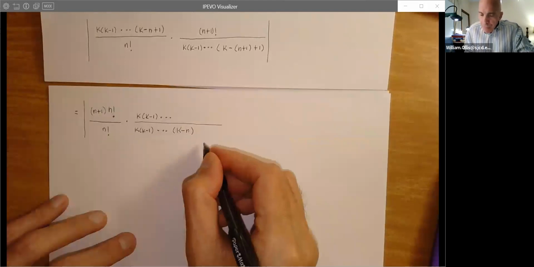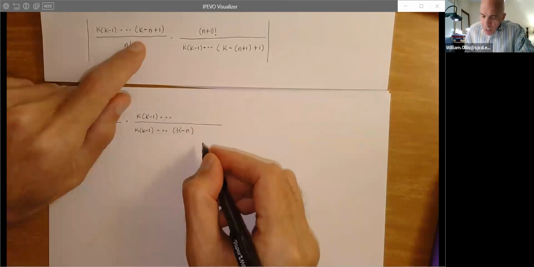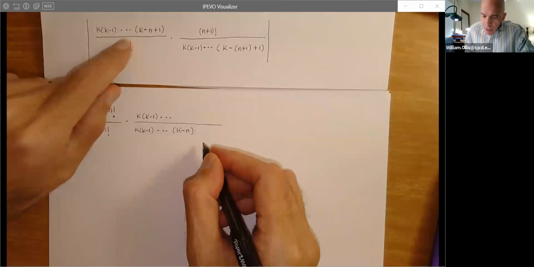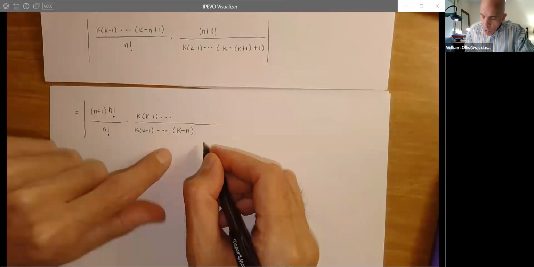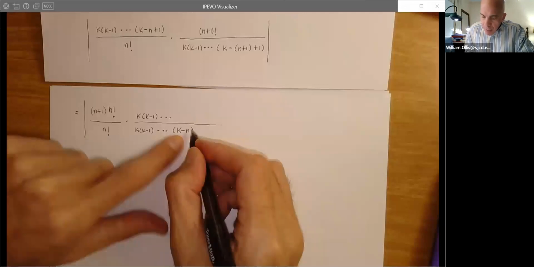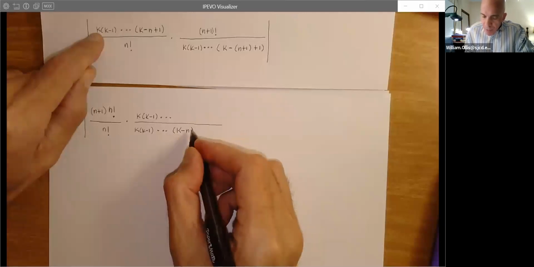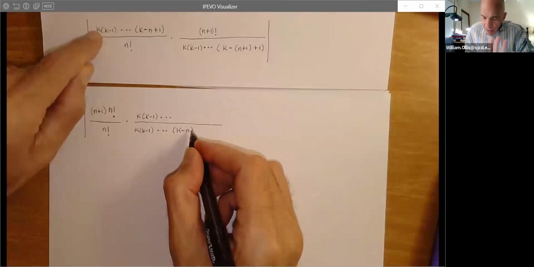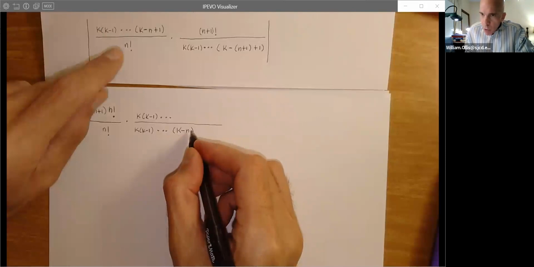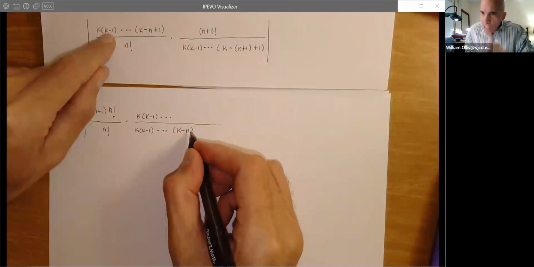Now notice, as we look at these, we decrease by 1, we decrease by 1. So notice this term here is bigger than this term here, which is bigger than that. Let me say it one more time. As we move through the list, the factors get smaller by 1.